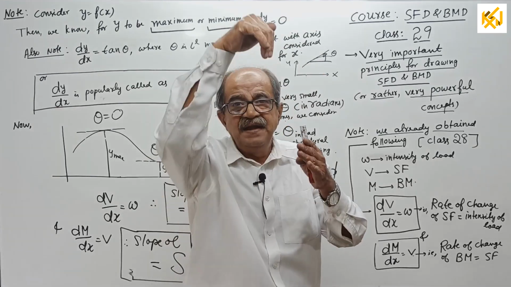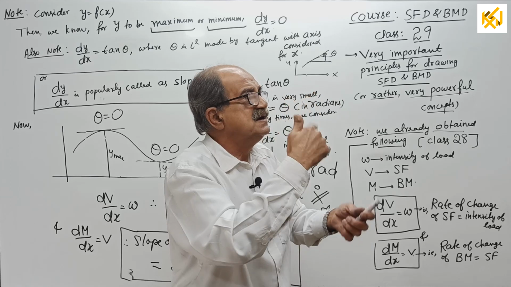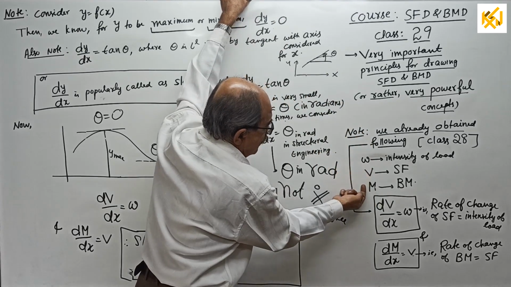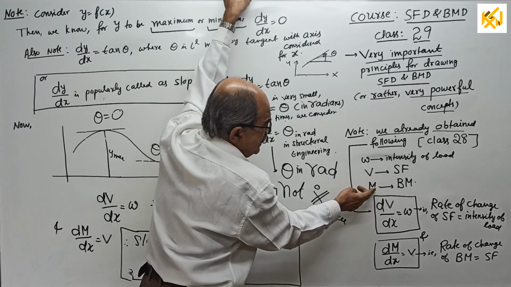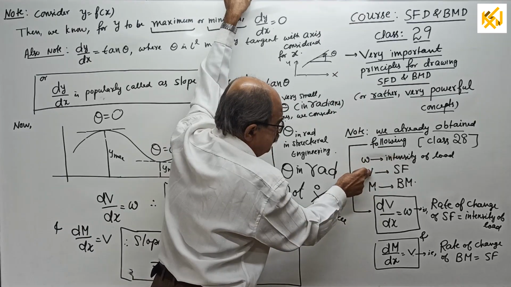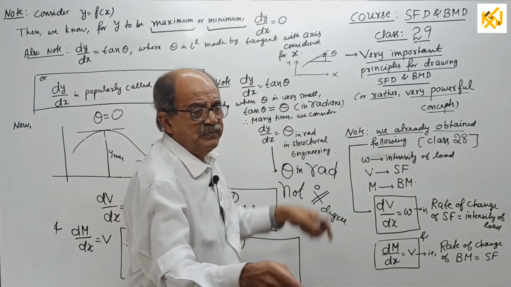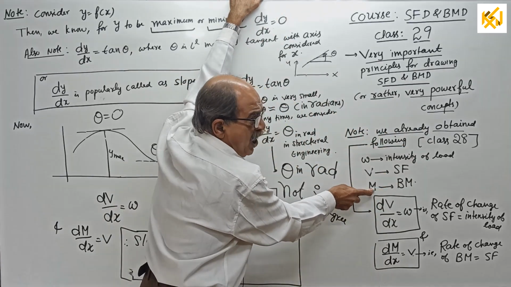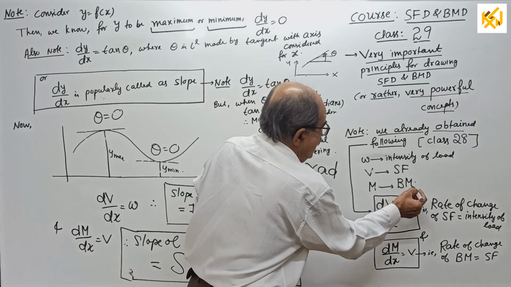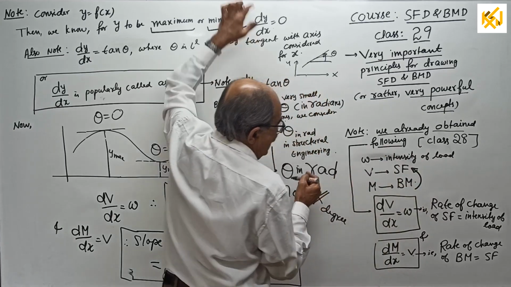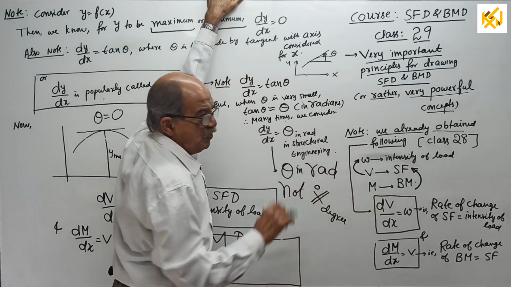Load intensity, then shearing force, then bending moment. Start from this, or you can start from here also. See, go in reverse. Rate of change of bending moment equal to shear force. Rate of change of shear force equal to intensity of load. Therefore, slope of bending moment diagram is shear force, and slope of shear force diagram is intensity of load.